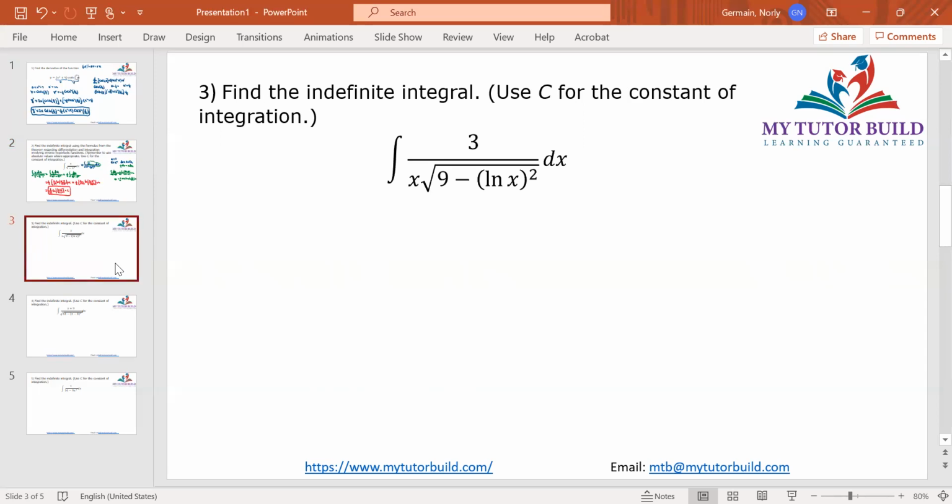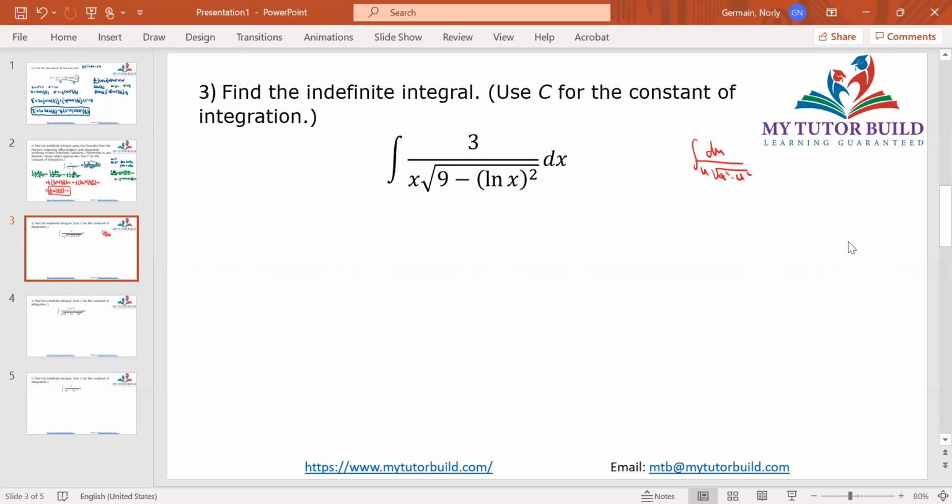In these examples, we see that we have some formulas that say if you have du over u square root of a squared minus u squared, we could use that one. But in our problem, if we set u equal to ln x, we end up not having u outside of the root.